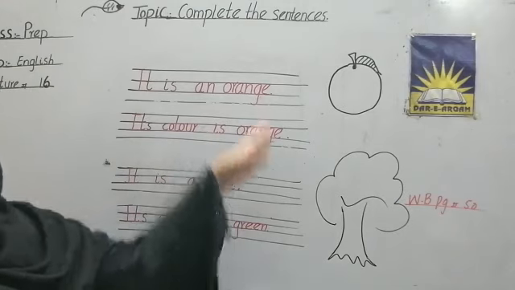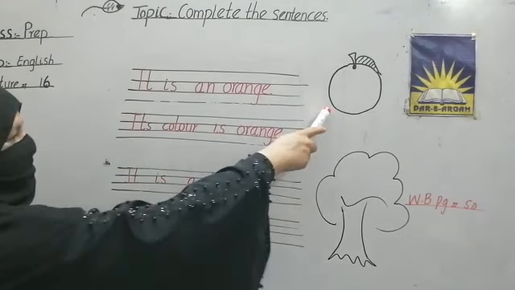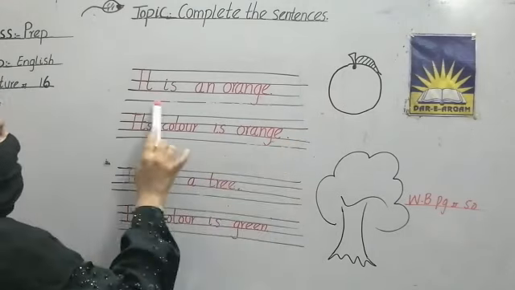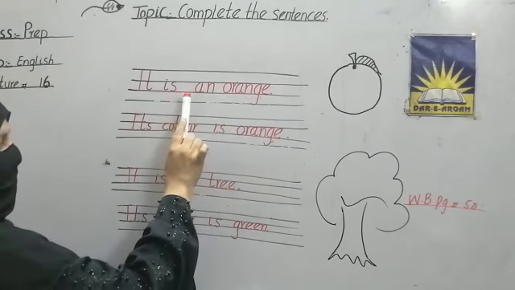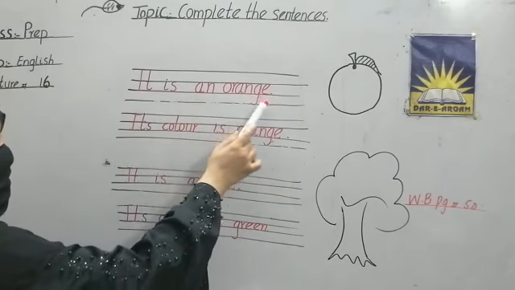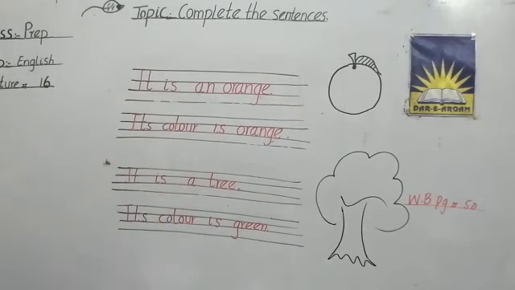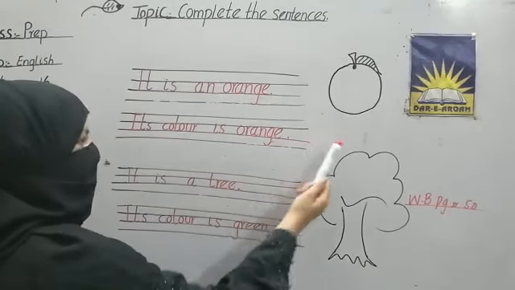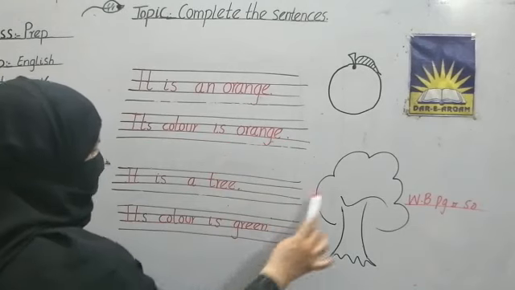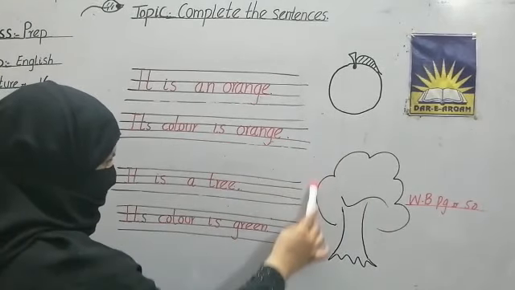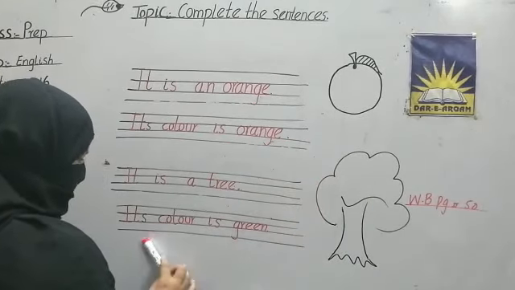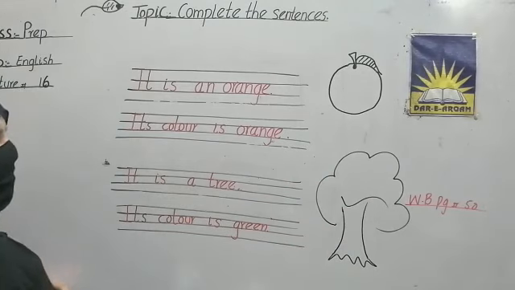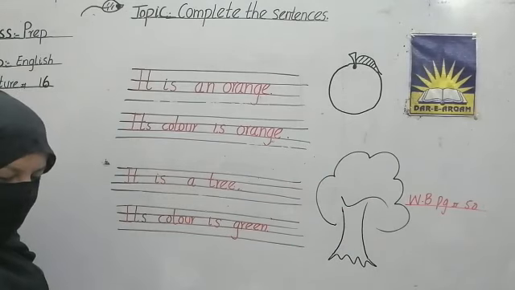Now repeat the sentences with me. What is it? Yes, orange. It is an orange, because the word orange starts with the letter O, and O is a vowel. And its color is orange. It is a tree. Its color is green.